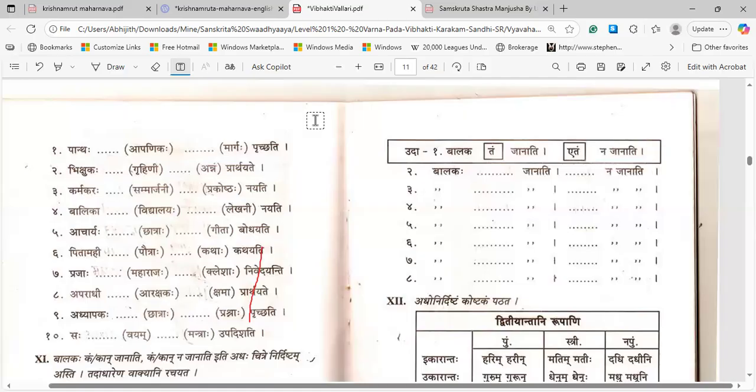Prarthayati. Yes, next. कर्मकरः सम्मार्जनीं प्रकोष्ठं नयति. Very good. बालिका विद्यालयं लेखनीं नयति. Very good. Next.